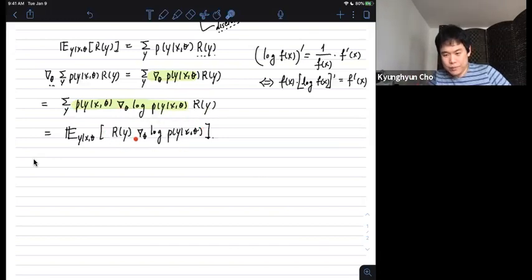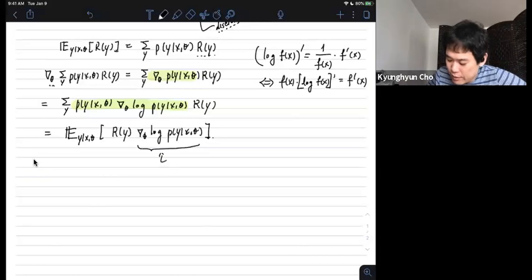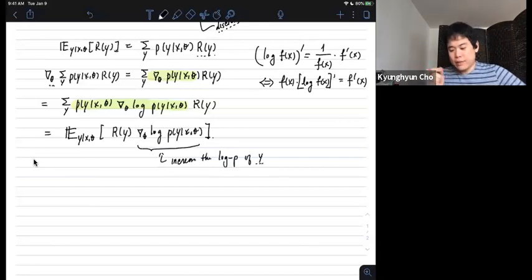and that is weighted by the reward. Now, looking at this, you should feel some kind of deja vu here, right? This looks very familiar. This term simply says that you can increase the log probability of y given x.